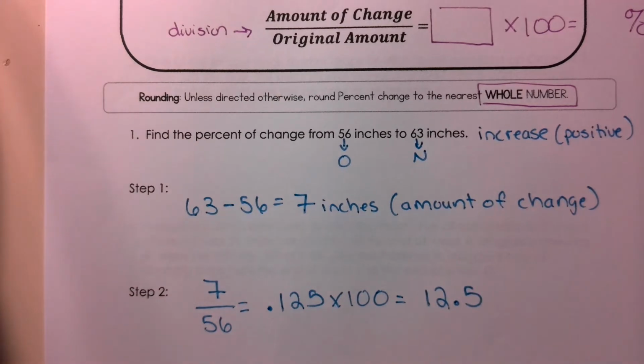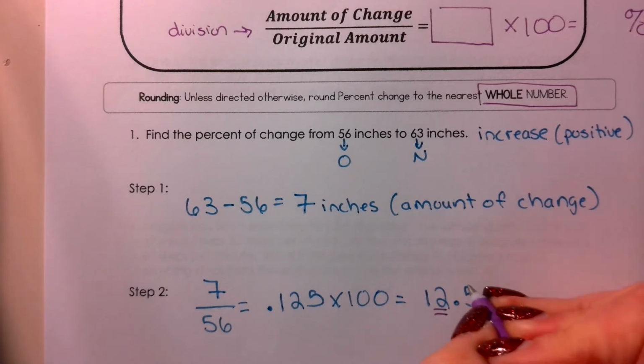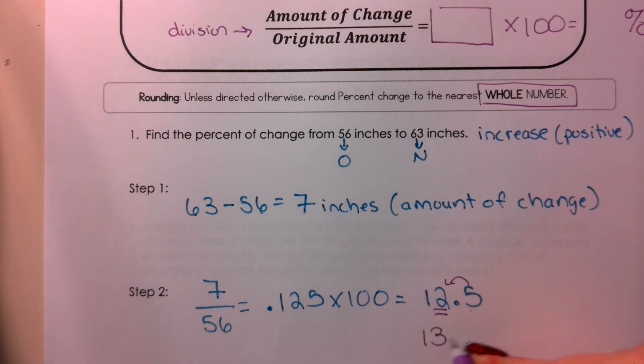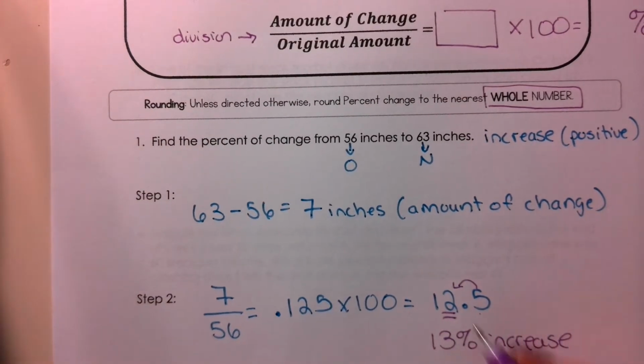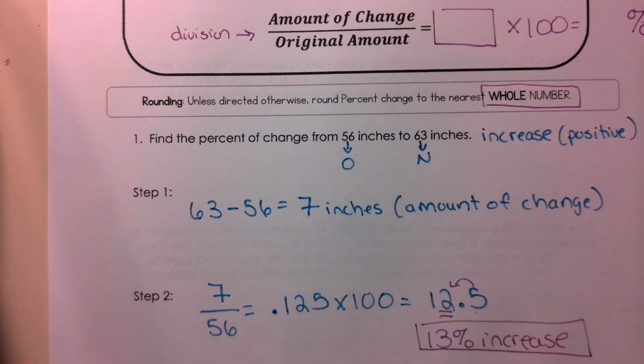Now this does not give me a specific amount to round it to, so I'm going to round it to the nearest whole number. 5 and above, I'm going to give that a shove. So this is a 13% increase of snow. Or inches. I was thinking snow. Anyway, let's go on to the next page.